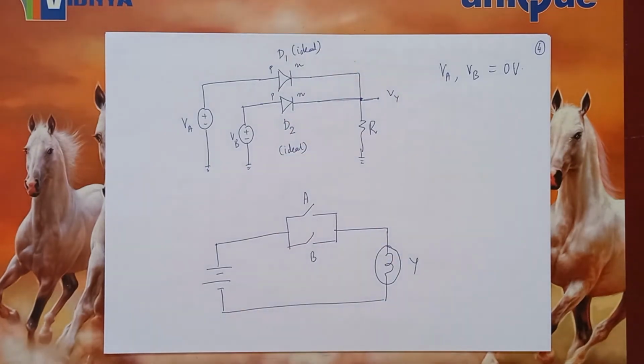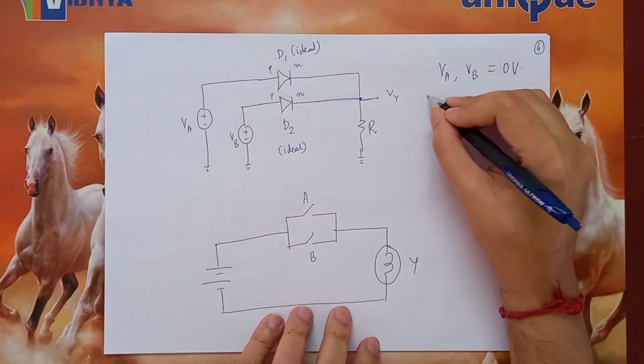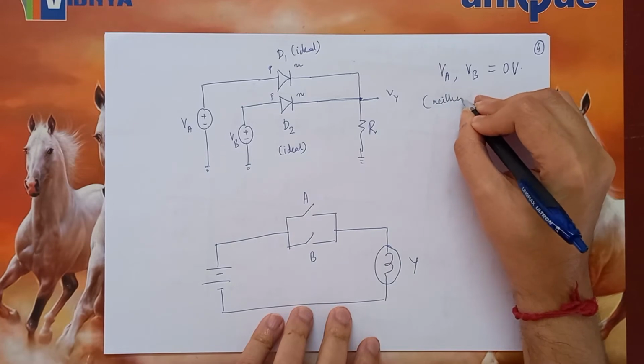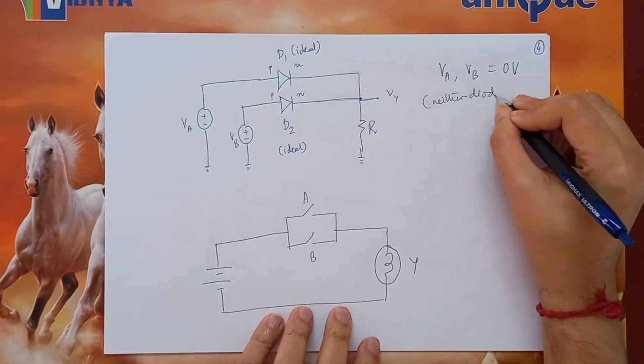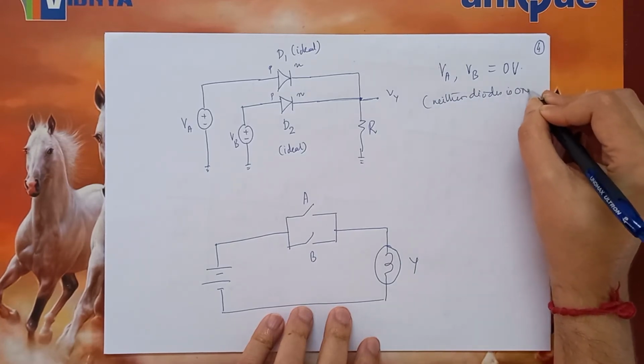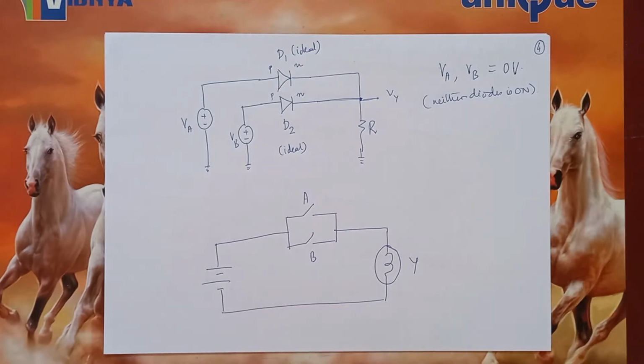So therefore, none of the diodes are forward biased. So if VA and VB are 0, neither diode is on. That should be very clear.